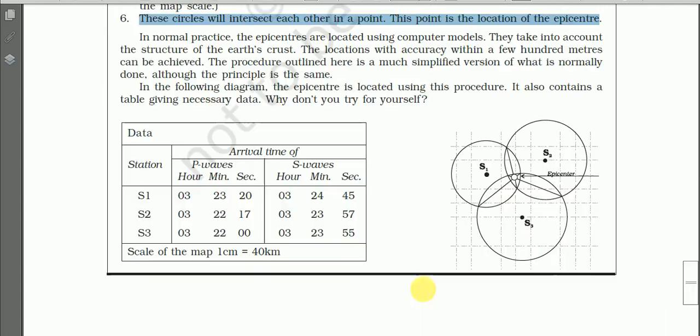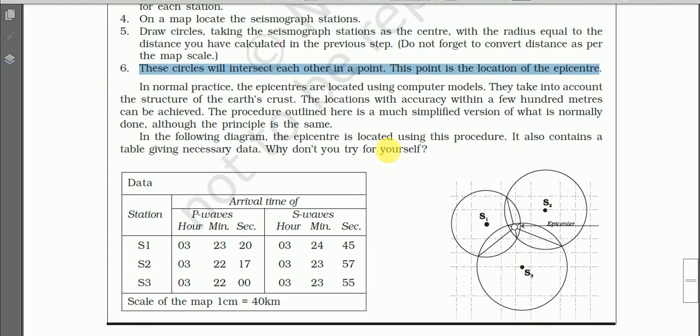However, you must know that this is the simplest form of locating an epicenter. Nowadays we don't use this technique. See, in the normal practice the epicenters are located using computer models and a GPS system also. So we are using different softwares, analyzing these seismic waves, distances, and a GPS system.